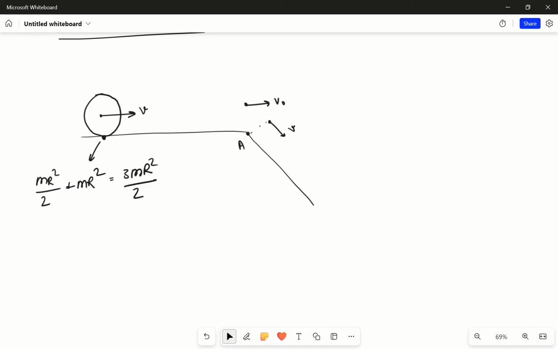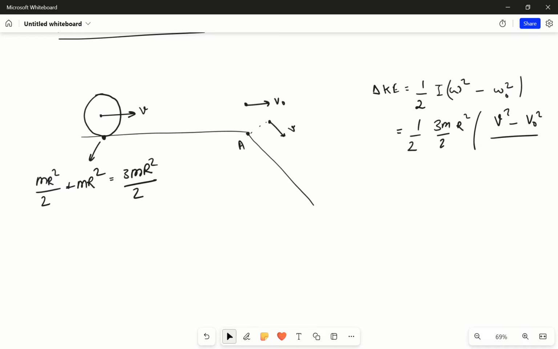Okay, so its change in kinetic energy would be equal to 1 by 2 I omega square minus omega naught square. So it would be equal to 1 by 2 into 3 by 2 mr square into v square minus v naught square by r square.